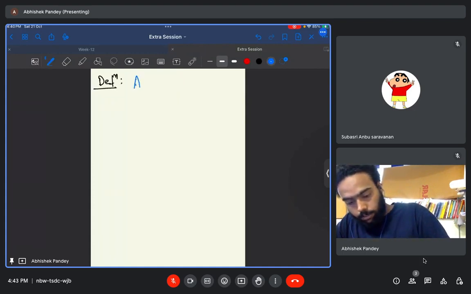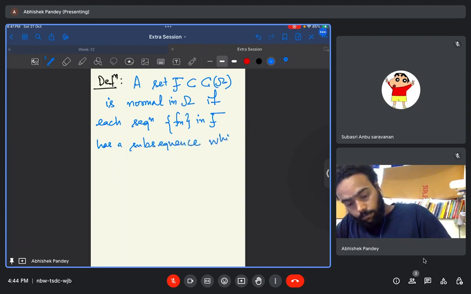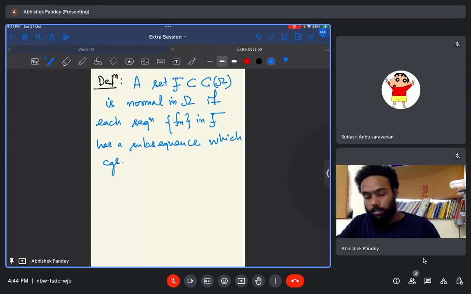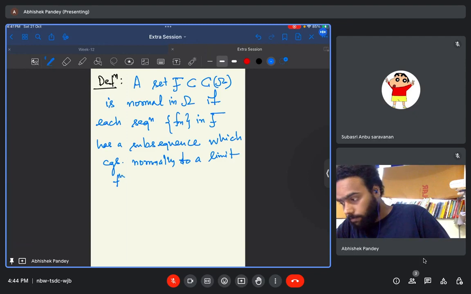A set F, which is a subset of C omega, is normal in omega if each sequence, let's say fn, in F has a subsequence which converges. What does it mean? It converges normally to a limit function f in omega.